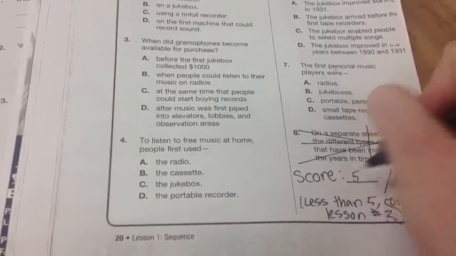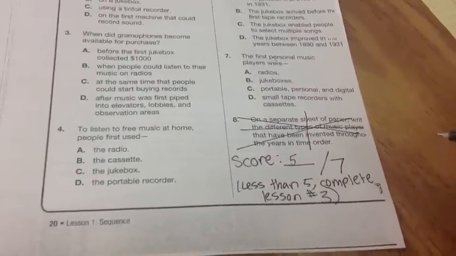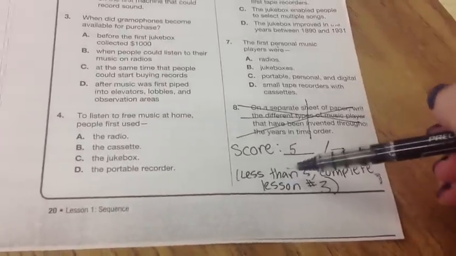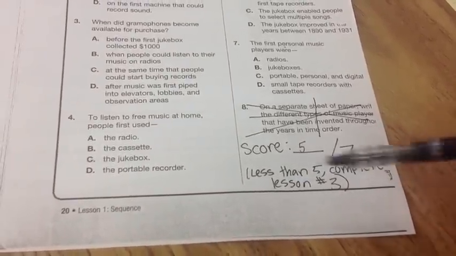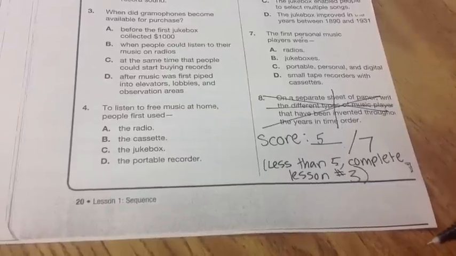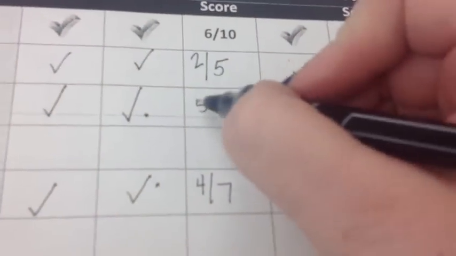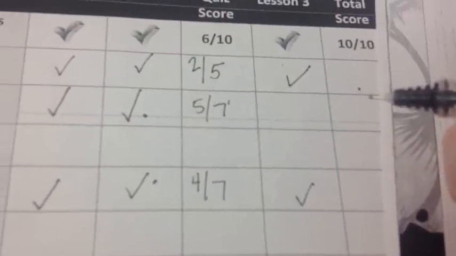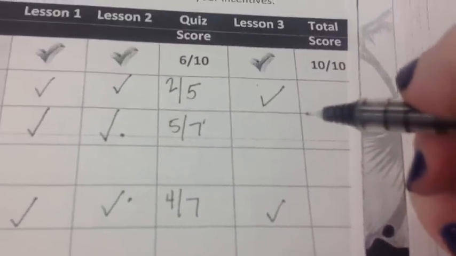Let's say you got a 5 out of 7. Then it tells me right here that if I got less than 5, I need to complete lesson 3. Well, I didn't get less than 5. I got exactly 5. That means that I'm going to come over here to sequence, write 5 out of 7, and because I'm ready, I don't have to do lesson 3, so I'm going to cross it off.